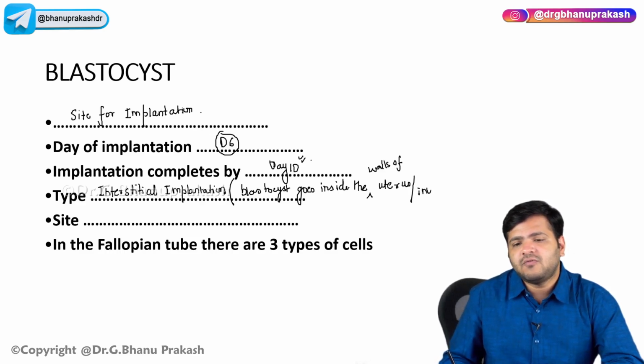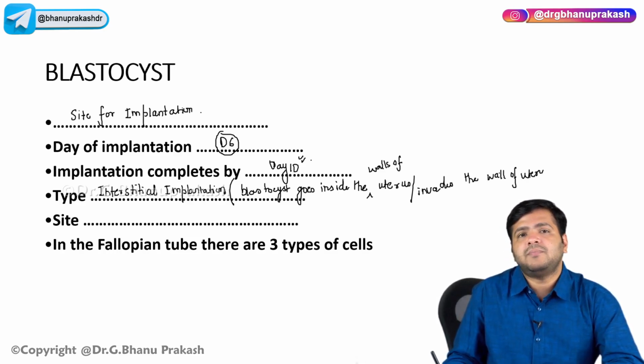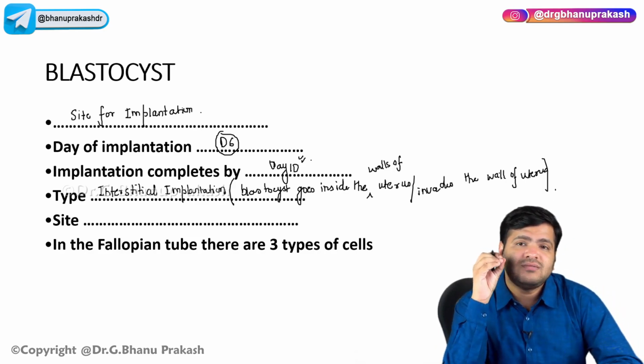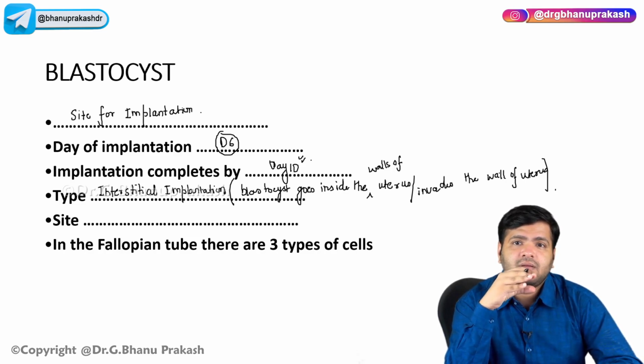Or invades the walls of the uterus. That is called as the interstitial implantation, right? So everything will go inside the uterine wall, right? Not superficial, it is a complete deep implantation, okay? It goes deep inside the endometrium to implant.